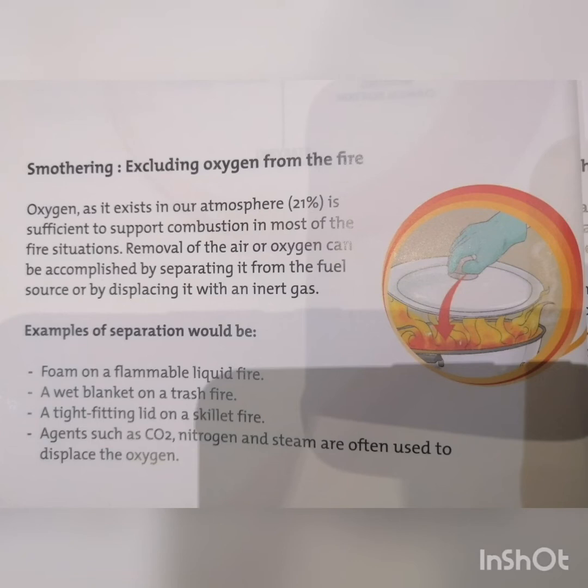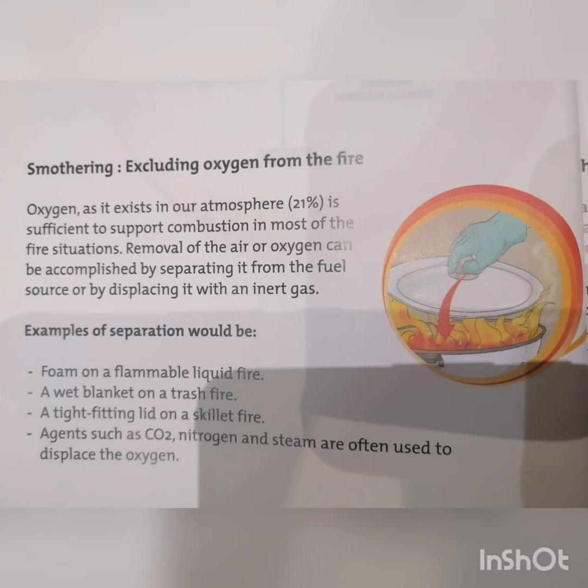Oxygen as it exists in the atmosphere is 21%, which is sufficient to support combustion in most fire situations. Removal of this oxygen can be accomplished by separating it from the fuel source or by diluting it with an inert gas.